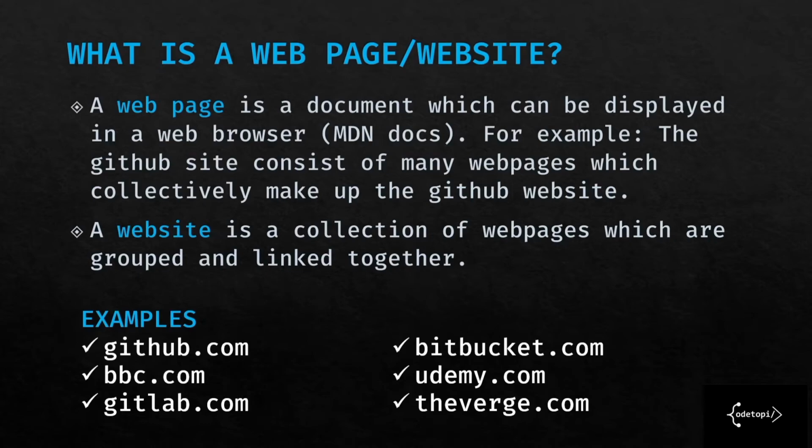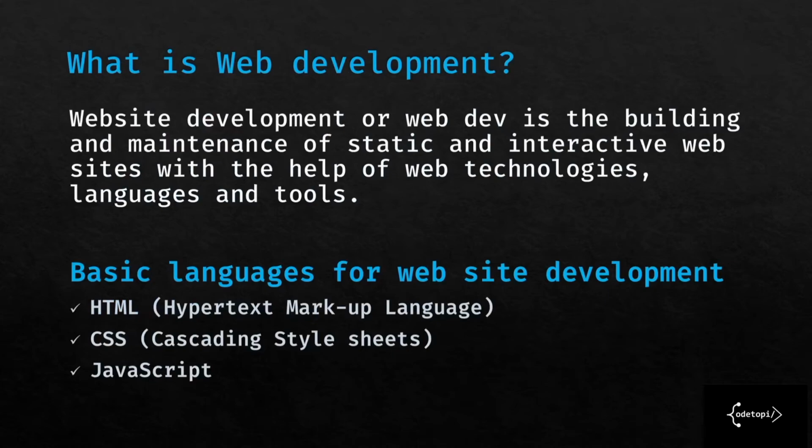So a website is a collection of web pages which are grouped and linked together. On your screen you can see some examples of websites that we have, which are a linkage of multiple web pages.